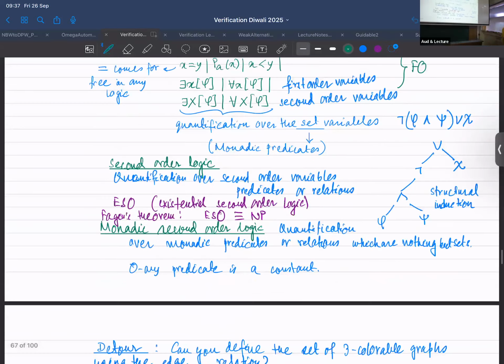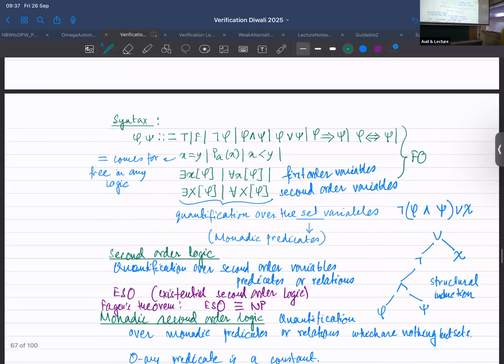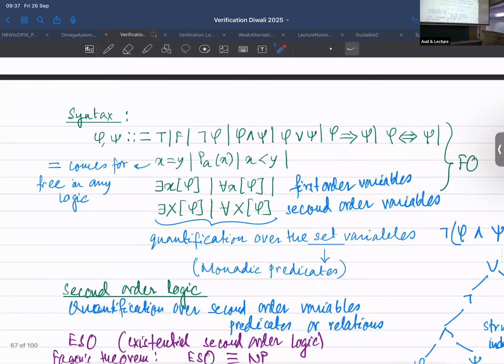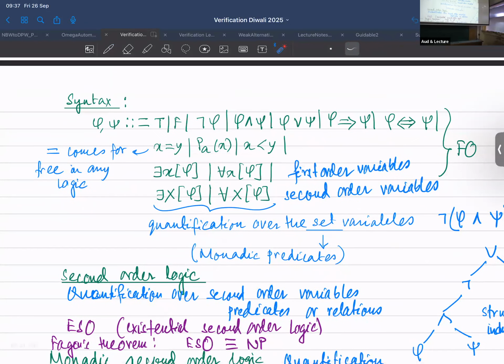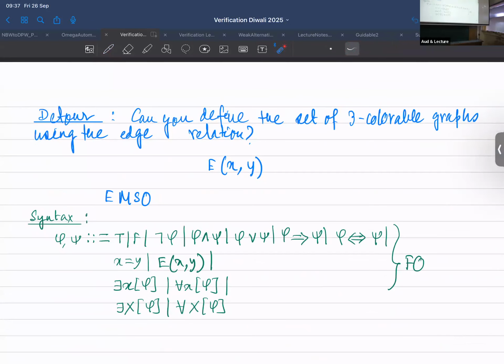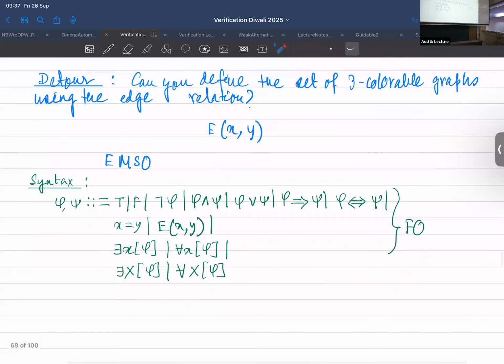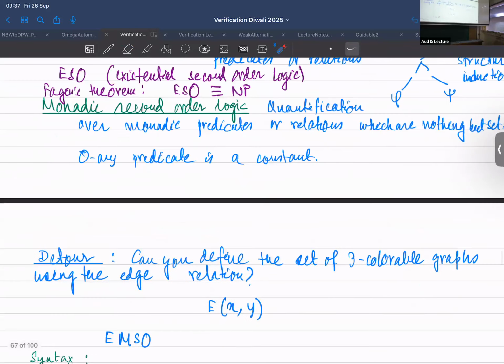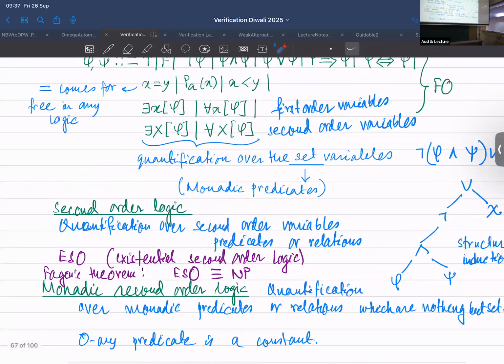So this was the logic we had, and these were the different predicates that we used. We also talked about graph problems, like three-colorable graphs, where you define an existential monadic second order logic formula. For MSO on graphs, you have different predicates instead of Px and x less than y.